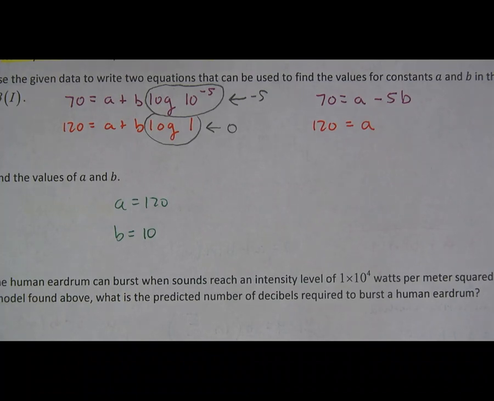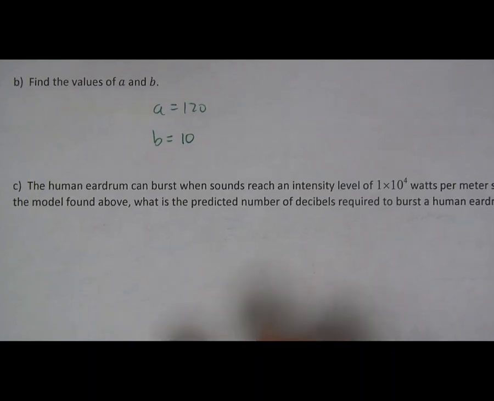Okay, awesome. Well, let's answer part C. The human eardrum can burst when sounds reach an intensity of 10 to the fourth. According to this model that we just found above, what's the predicted number of decibels required to burst a human eardrum?